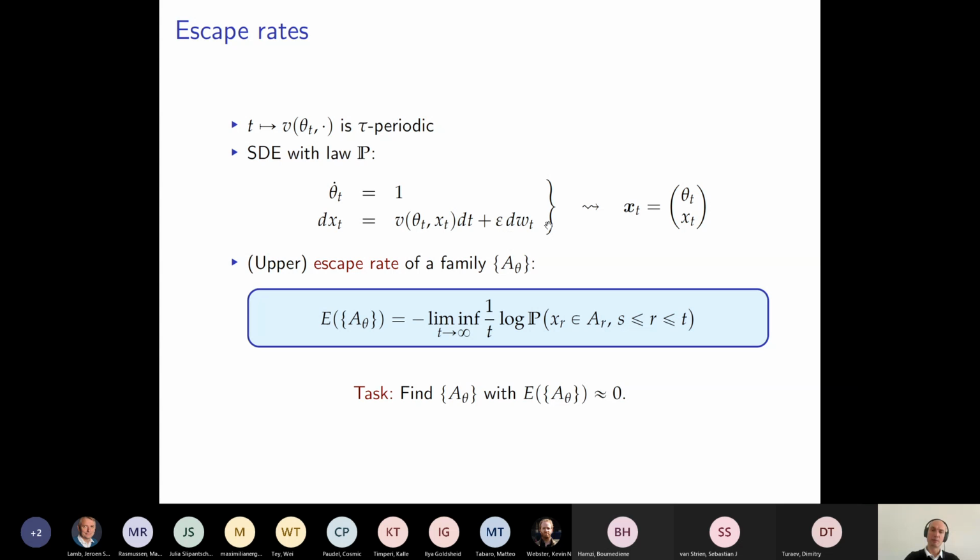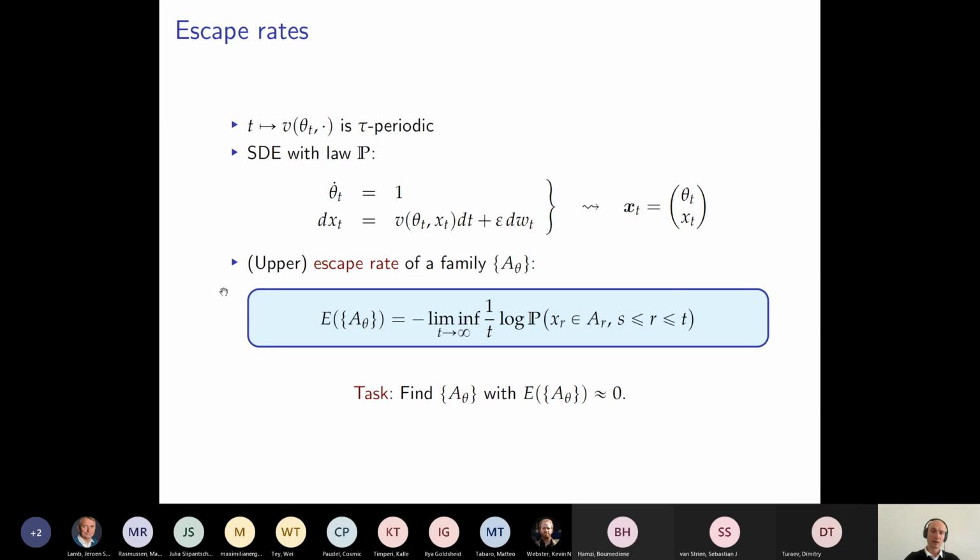So epsilon is a small number, and this is now some Brownian forcing. W_t is a standard Wiener process, and I mean this in the Ito sense. This gives rise to an augmented process, where theta is basically deterministic, but x is now a random variable.